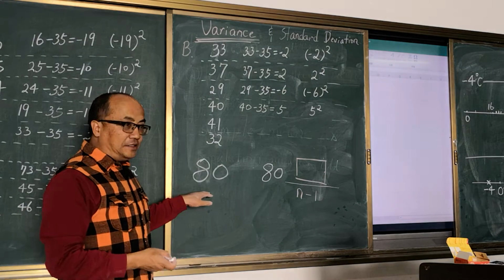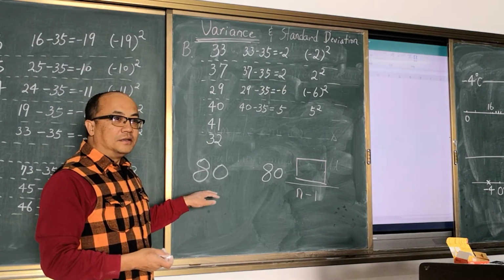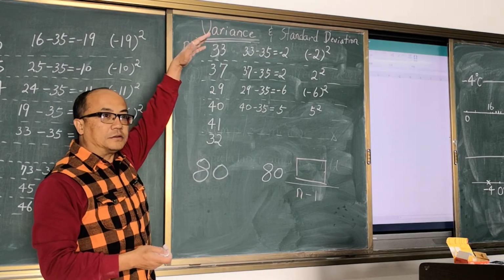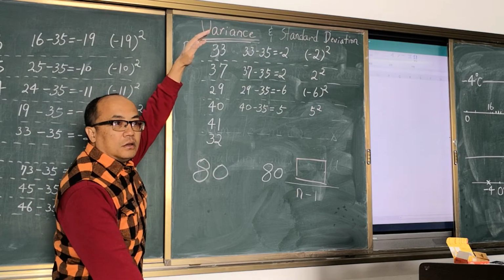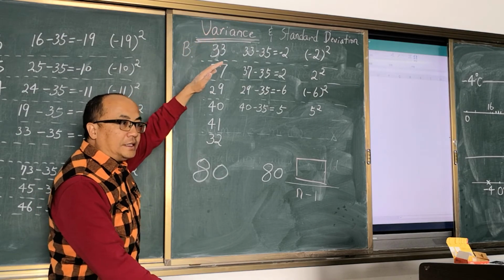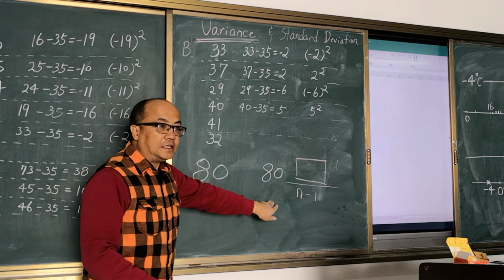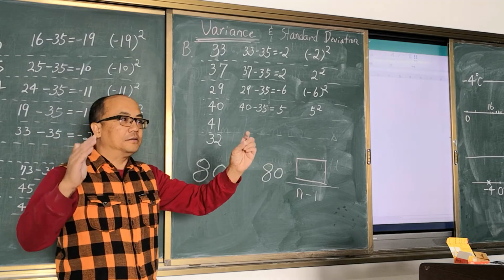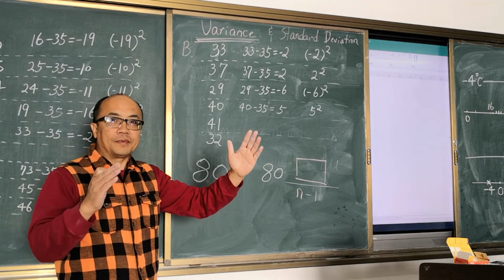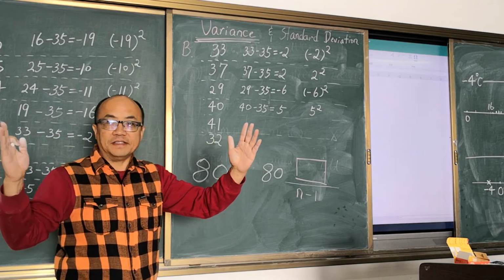However, in this class somebody is 100, somebody is 0, or maybe 10 or 20. In the other class, most people are between 90 and 70.